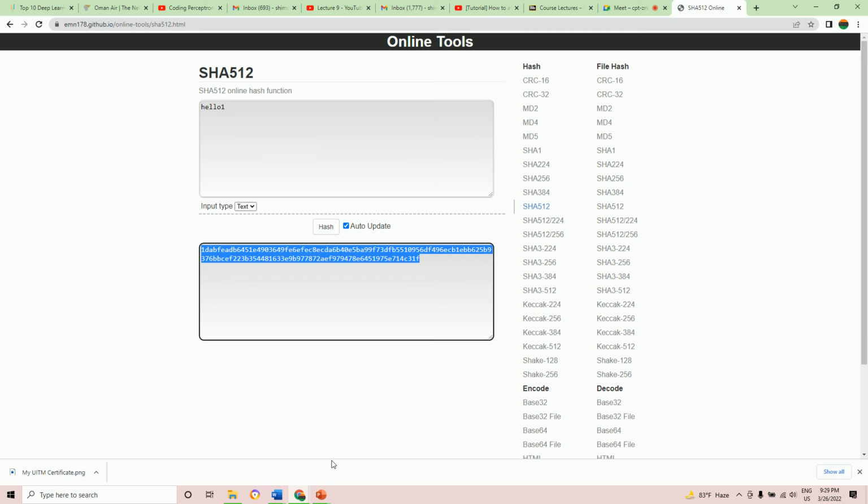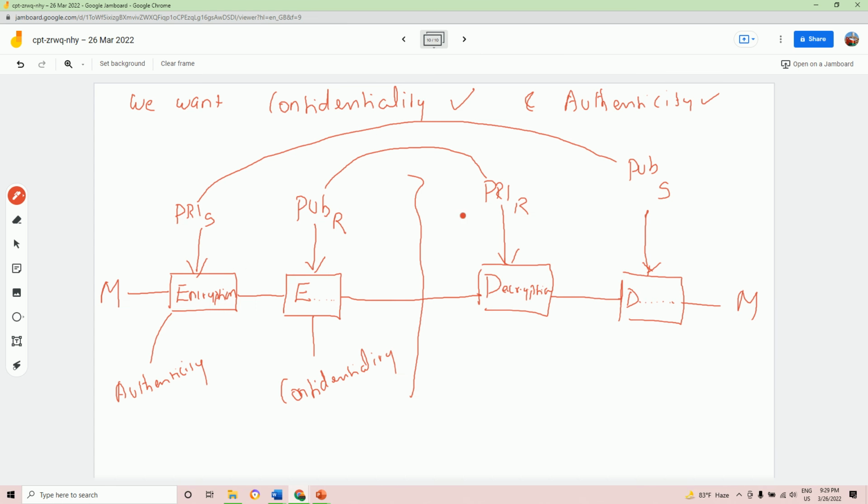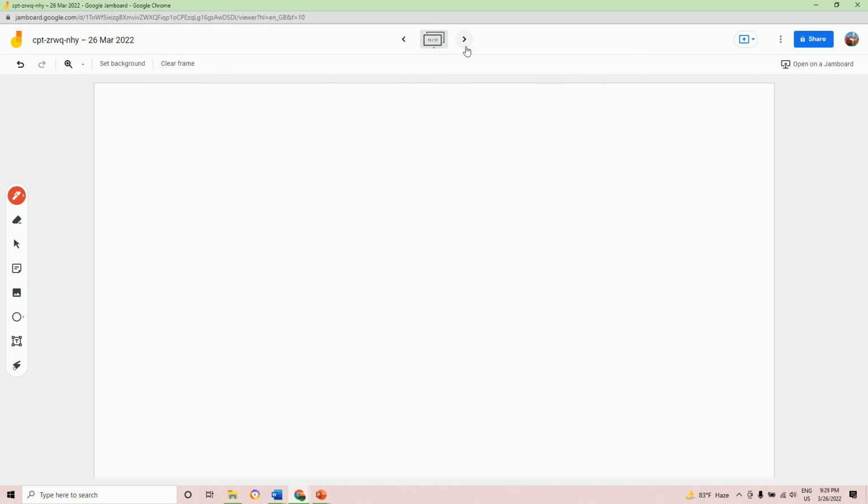Students, if I draw the diagram, you will easily understand. See, hashing. You take a message.